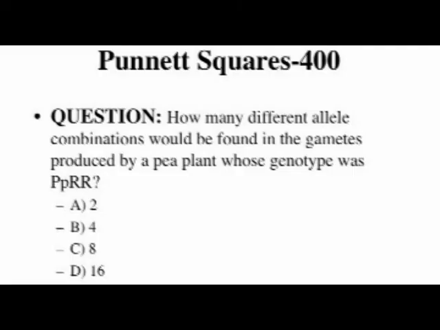The question is, how many different allele combinations would be found in the gametes produced by a pea plant whose genotype was capital P, lowercase p, and two uppercase R's? Okay, that means that we're crossing 2 traits, and so how many different allele combinations could there be?